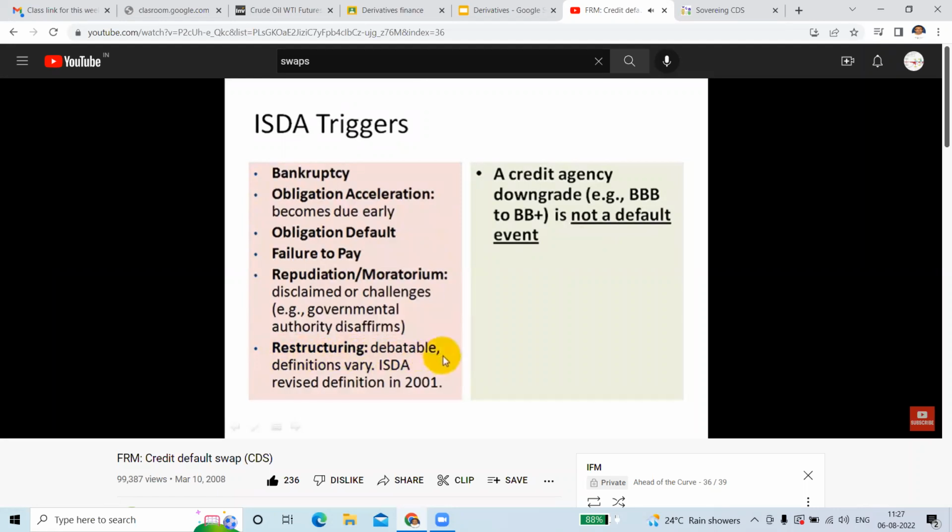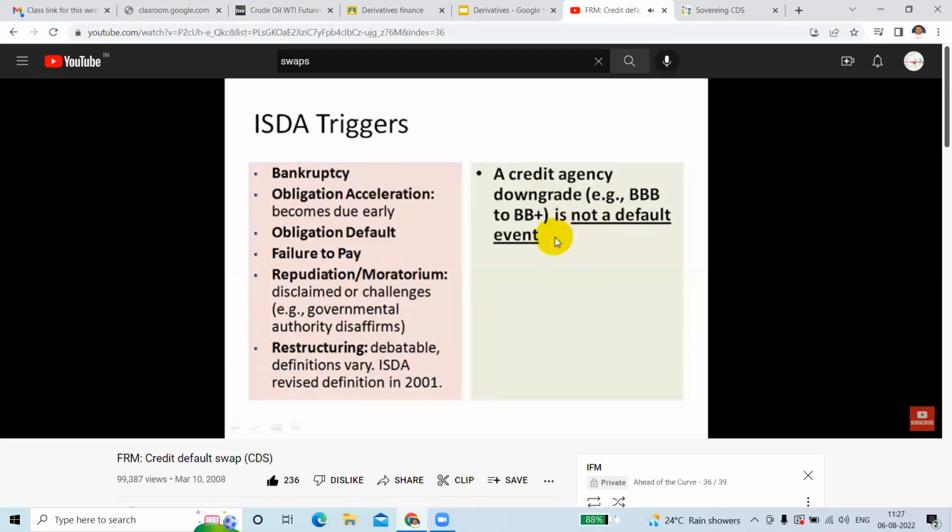Controversial because it's very hard to objectively define what constitutes a restructuring. And so one point I'll make about these ISDA standardized triggers is that a normal credit agency downgrade, say from BBB to BB+, typically does not constitute a default event.